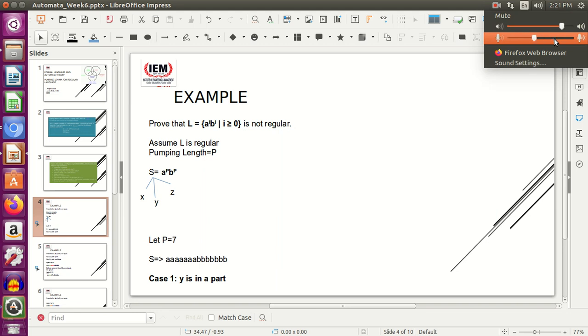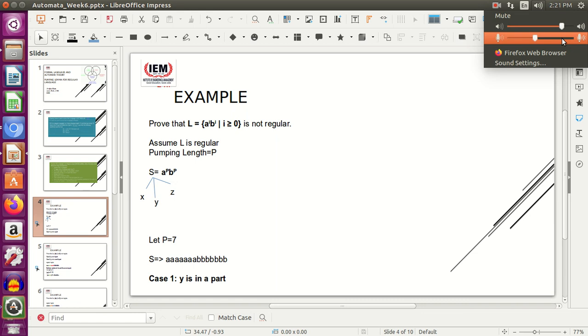Next we have to define a pumping length. So what will be the pumping length? Let us assume that capital P is the pumping length, and we will take the value of 7, that is P equals 7. Okay, so we can consider any value. Over here I am taking P equals 7 as my pumping length.